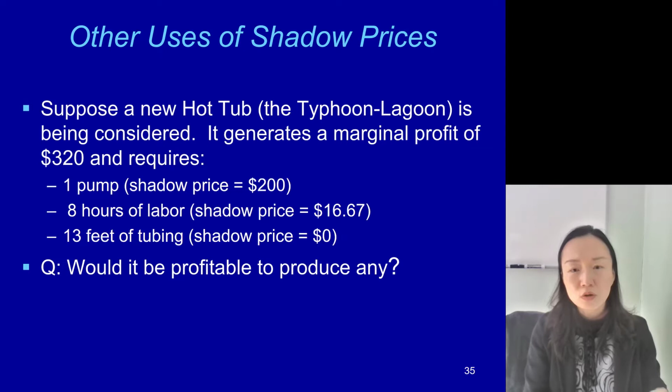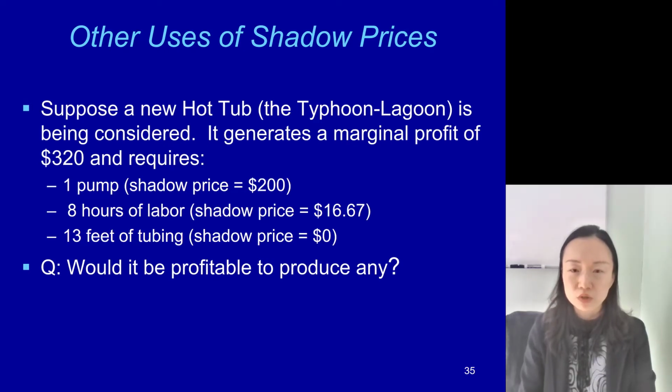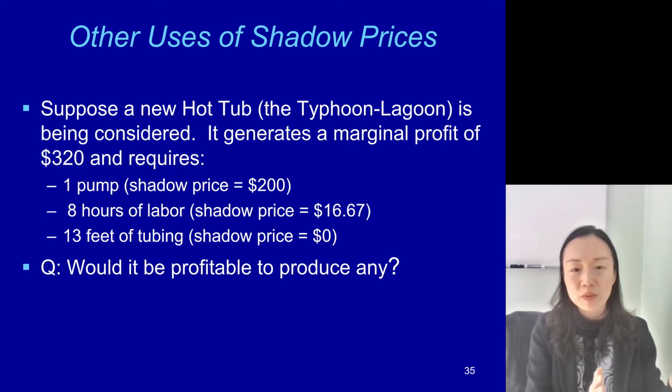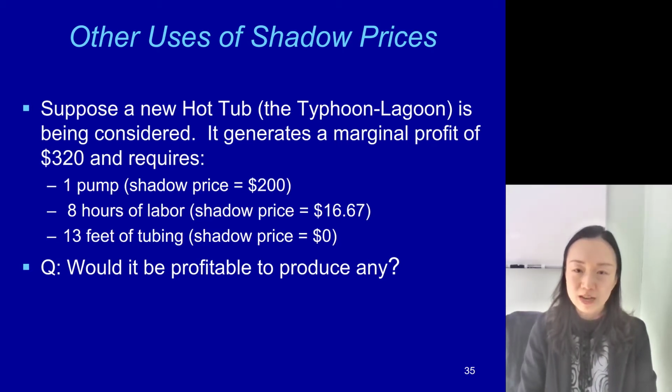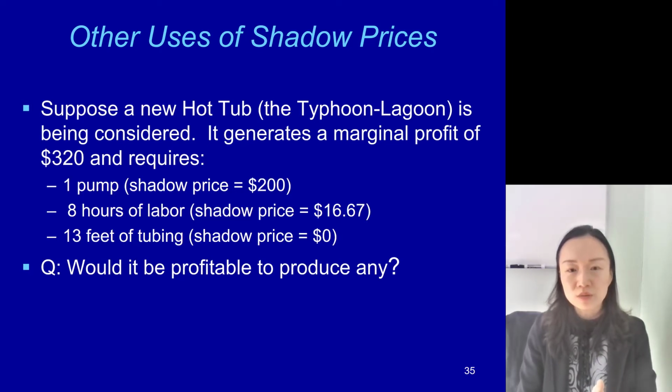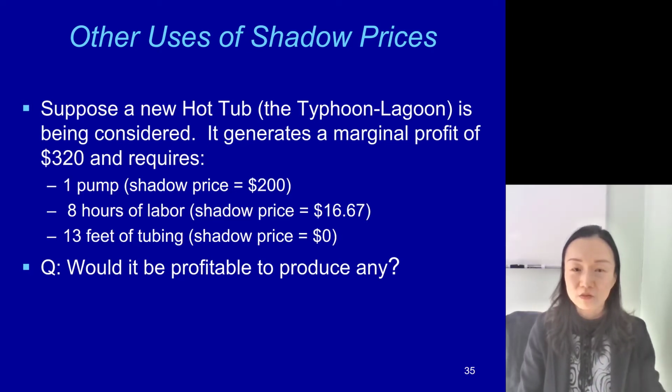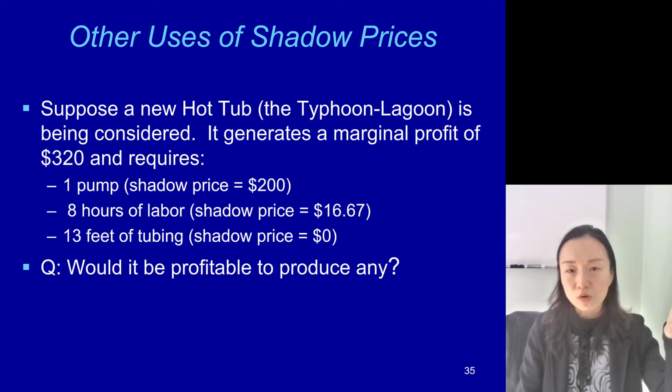When you take out those resources from the original resource pool, we know that will have some impact on our original objective function value, which is the total profit. So when you take those out, you're going to make less of the two types, and as a result, make less total profit. From the shadow price, we will be able to know how much impact that will be, so how much we're going to reduce our original total profit.